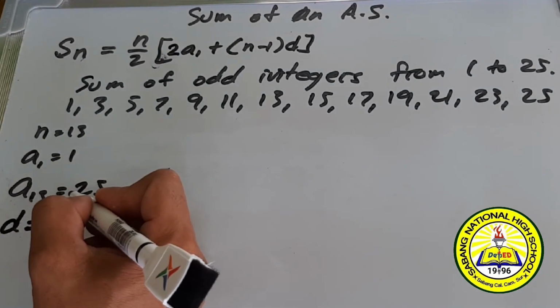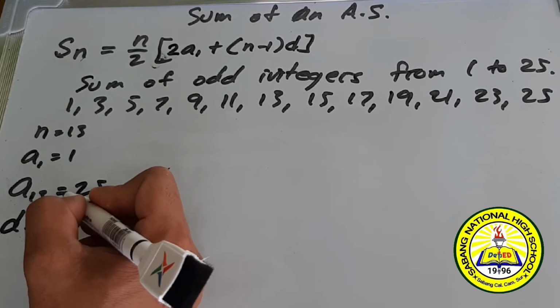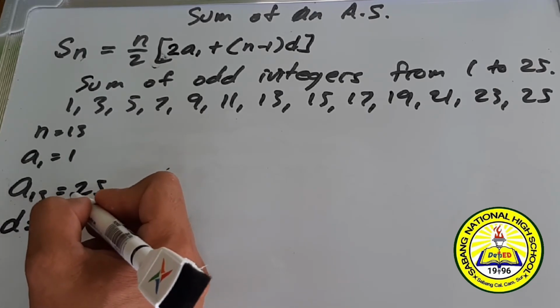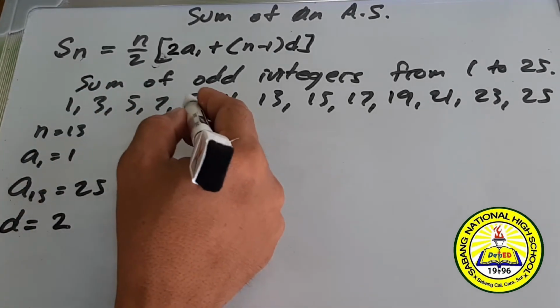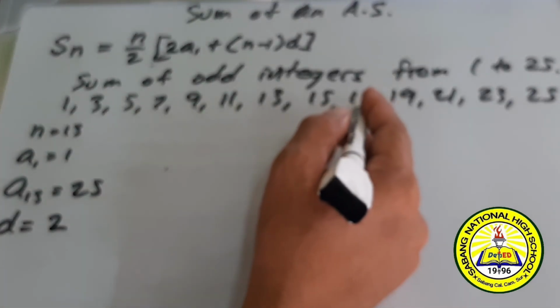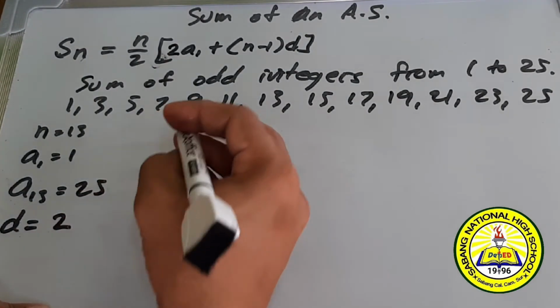The difference is found by subtracting two consecutive numbers in an arithmetic sequence. So we have 3 minus 1 is 2, 9 minus 7 is 2, 17 minus 15 is 2. So we can now find the sum of this sequence.